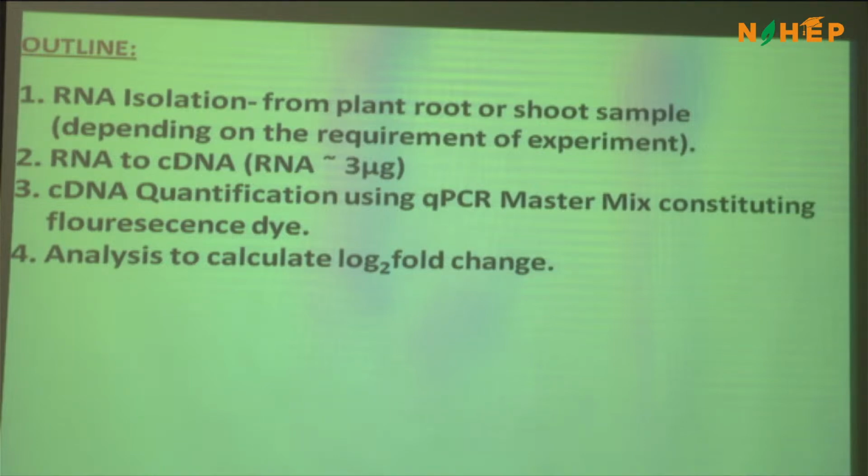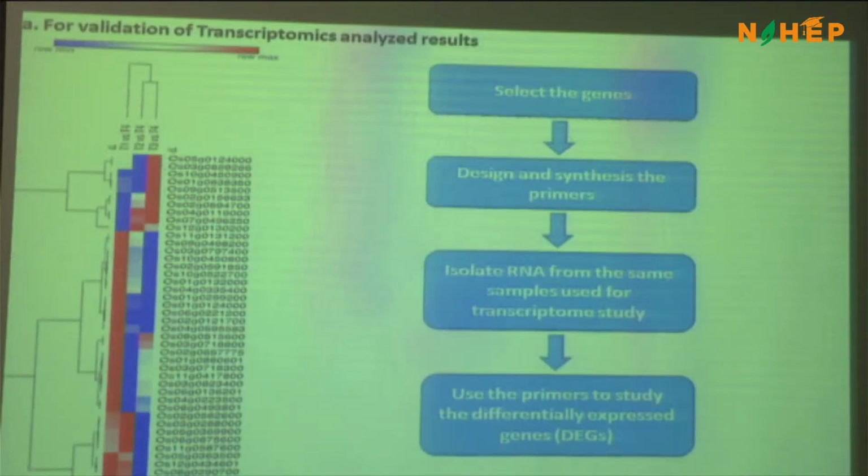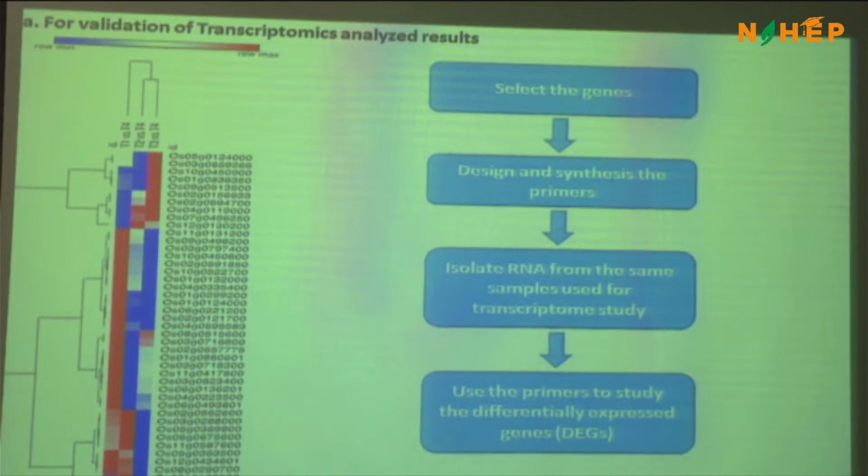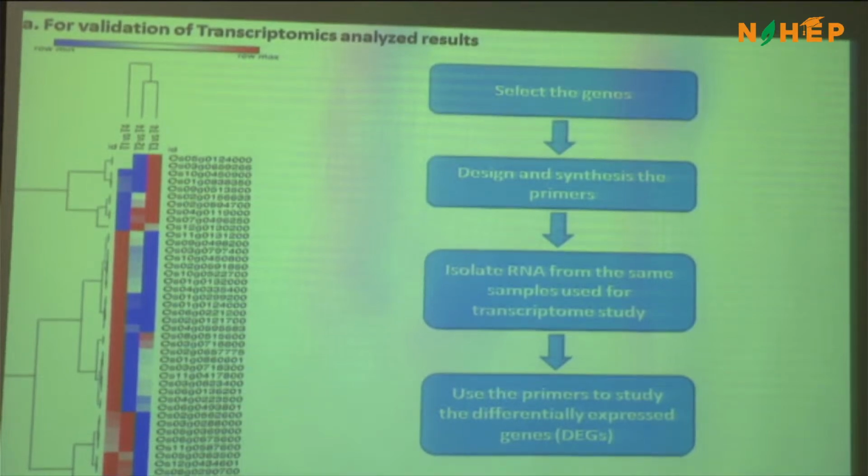Then the next part is analysis. So how can we use this qPCR? I will just go broadly. According to the papers, when we do some transcriptome analysis, they need to have a qPCR validation. So what we generally do in our lab is that first we get how many genes are getting expressed in our sample.